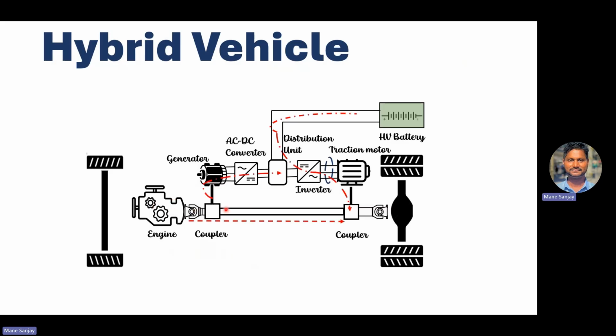If the power is provided by the engine as well as, at the same time, by the battery, then this configuration is called parallel hybrid. And if the parallel hybrid configuration and series hybrid configuration work together, then that configuration is called series parallel hybrid configuration. This is how the major components of the hybrid vehicle look and work.